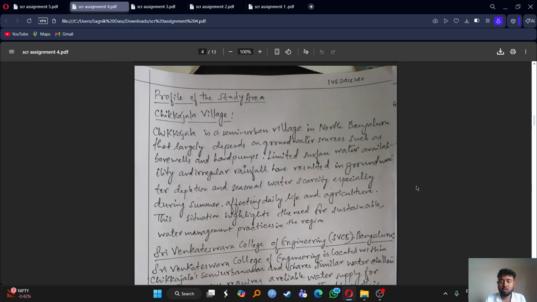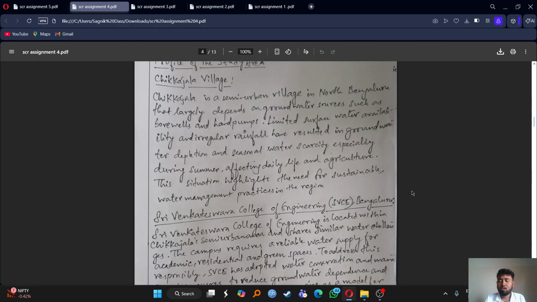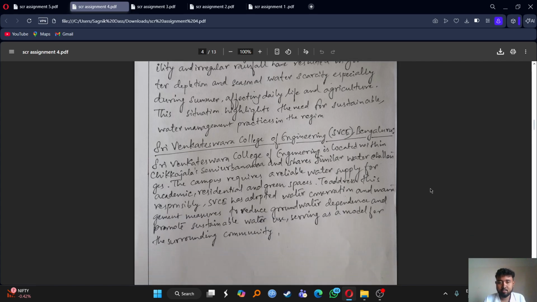The water level has also been very depleted. Seasonal water scarcity happens, especially during the summer, and daily life eventually gets affected. The situation obviously highlights the necessity of sustainable water management practices.